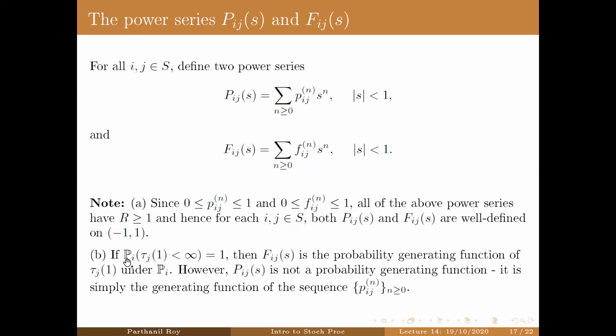If j is recurrent, then starting from i, you hit j in finite time with probability 1. So then this is a probability generating function. On the other hand, P_ij(s) is not a probability generating function because these terms never sum up to 1. Well, they may sum up to 1, but only in rare cases, not in general. But it is just the generating function for the sequence P_ij^n.